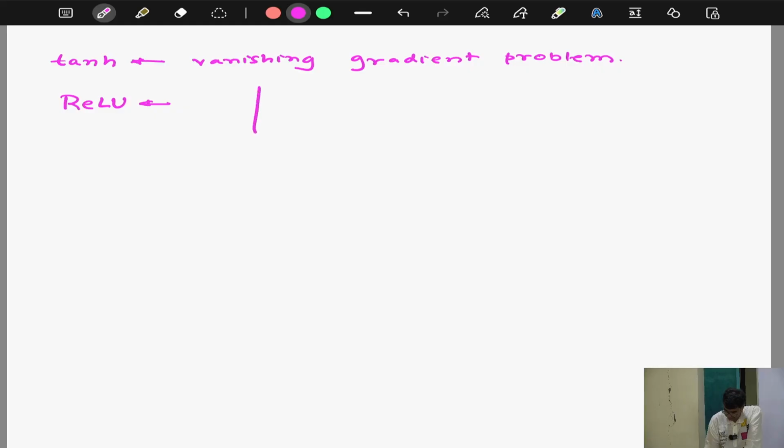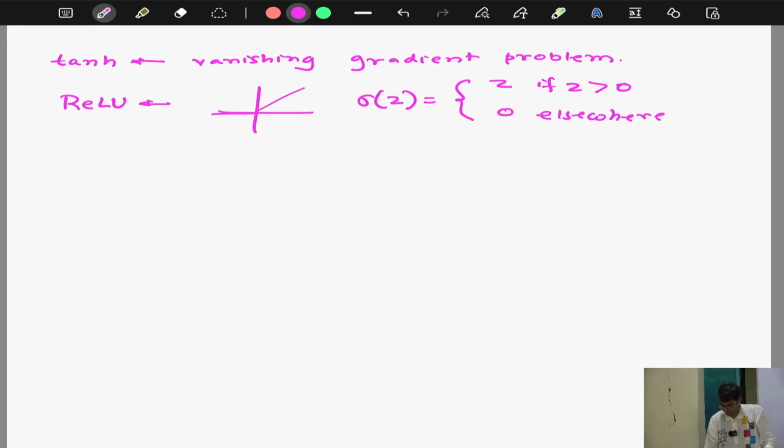ReLU basically is this, where sigma of z will be equal to z if z is greater than 0, 0 elsewhere. Okay. But with ReLU, you can see the dying ReLU problem.